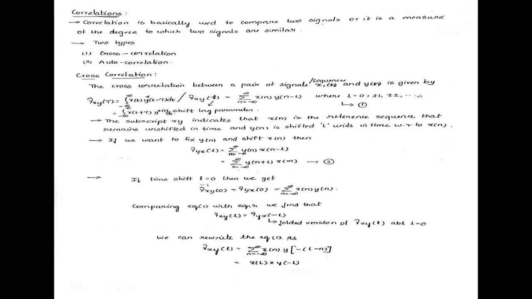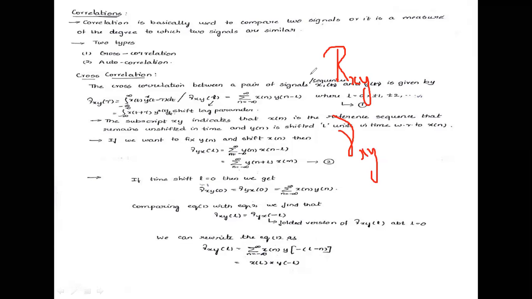A pair of signals means different signals, x and y, given by R x y. Some textbooks write it like this, R x y, and some of them write R x y as gamma, actually representing the gamma.